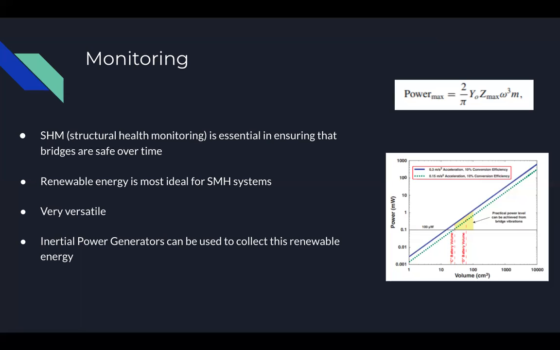In turn, inertial power generators were modified, allowing a bridge's structural health to be monitored basically on its own power. It was found that the ideal maximum power that can be generated from these generators is given in the formula on the right, and the graph below it just visually shows the power that can be generated based on the bridge's vibrations.